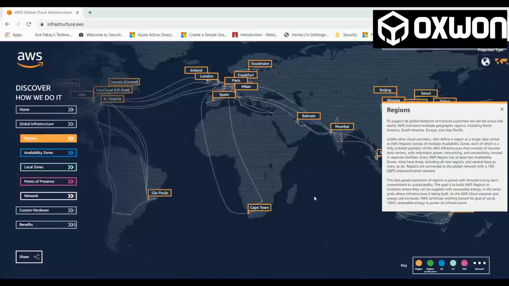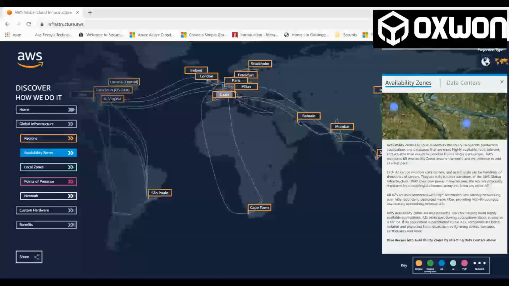You may already be thinking about this: what is the need for an availability zone? Previously we learned about the concepts called high availability and fault tolerance. Remember, those were terms that we learned in the other lessons. Availability zones fulfill the needs of high availability and fault tolerance. Availability zones have low latency connections between each other. Each availability zone is isolated from each other, and they could be hundreds of miles apart.